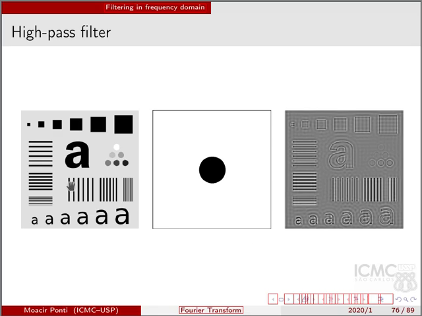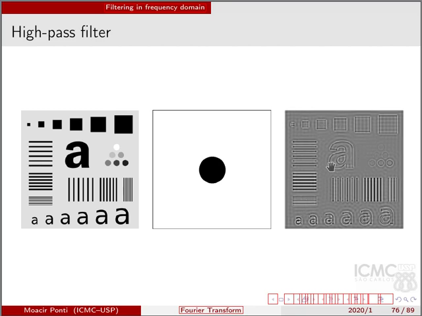We have this image here on the left hand side, and by taking its Fourier transform and multiplying with this filter in the middle, which is a high pass filter because it removes the central region of the Fourier transform, what we have is this image on the right hand side.